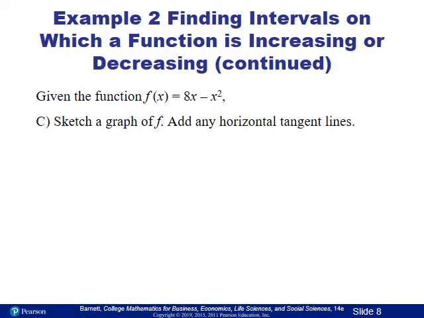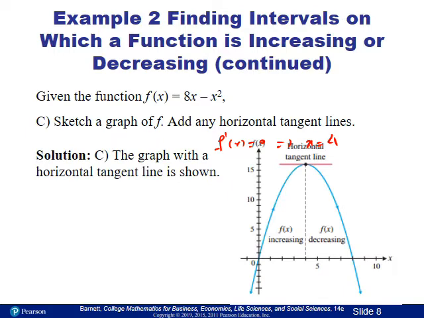Okay, so the given function f of x is this. Sketch the graph of f and any horizontal tangent line. So we already checked that the horizontal tangent line exists when f dash of x equals 0, and from here we got x equals 4. So here you can see 1, 2, 3, 4.